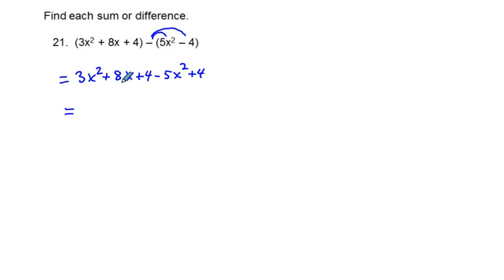Combining like terms, we have 3x squared minus 5x squared, which is going to be negative 2x squared. And the next thing we have to account for is this x here, and that's going to be 8x plus 8x. And finally we have this 4 plus 4, just the numbers, we have plus 8. So that's going to be number 21 worked out.